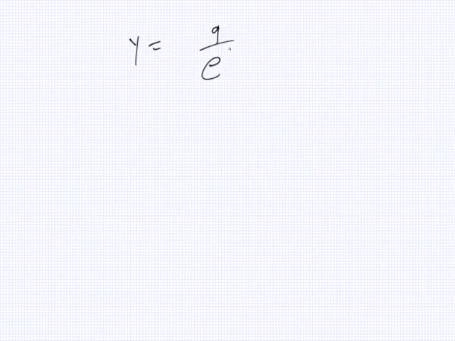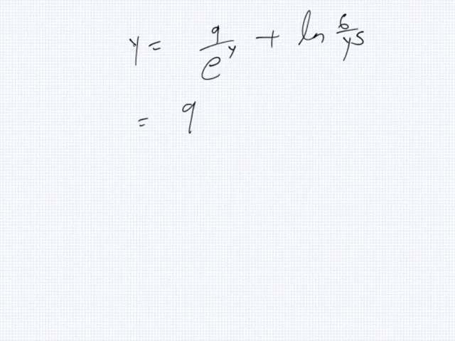9 over e to the power of y. Yes, just y. Plus natural logarithm 6 over y to the power of 5. This equals, oh, is that a y? And this is a y? Oh, that's a typo then. That should be an x or something.